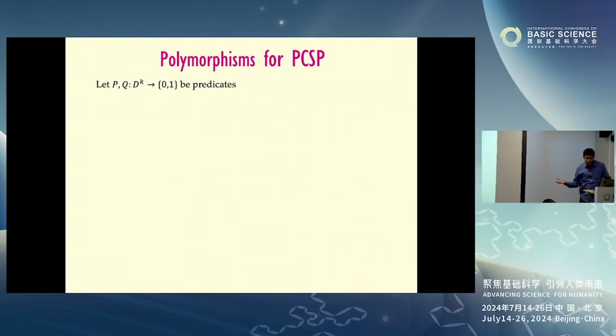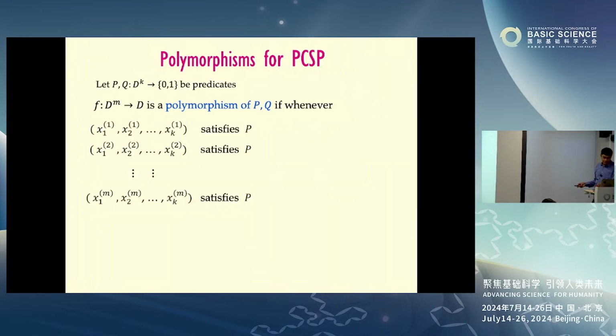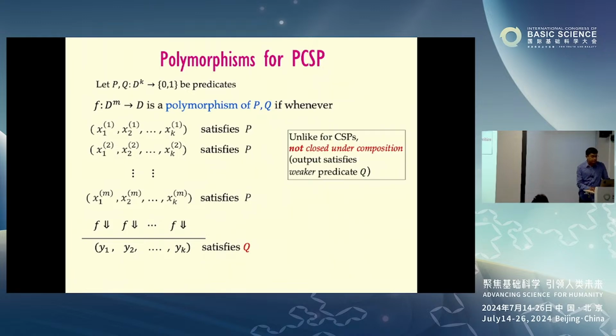Having it for CSP, yes, it would be a pair P, an arbitrary set P of your choice. Whenever you take column Y, you should get a new thing in the code, and that's the PCSP.